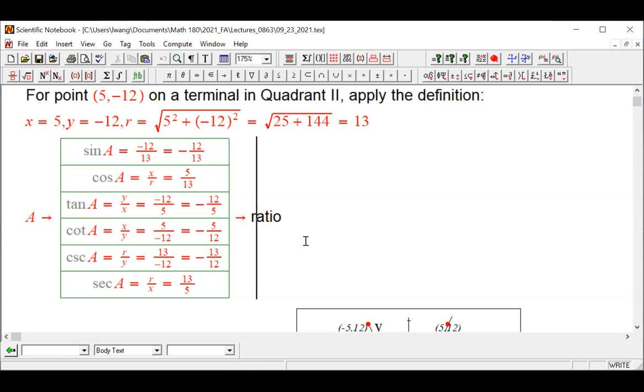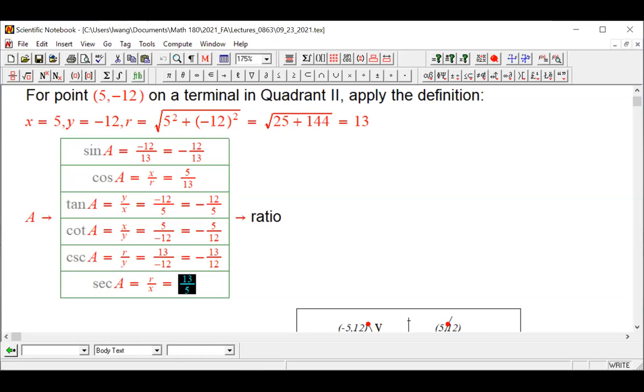Just apply the definition in the different scenarios. What I want you to experience is that the inputs are angles and the outputs are what? The outputs are ratios. Okay. Any questions so far? Are we too slow? No?